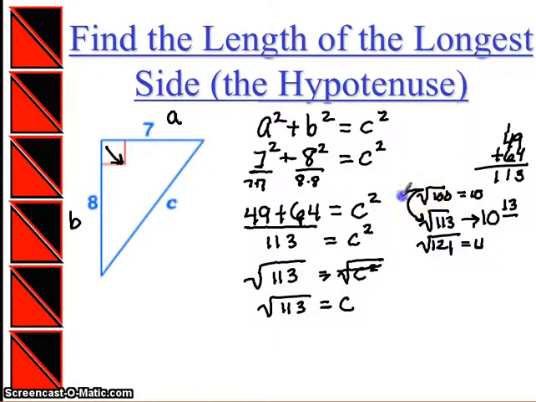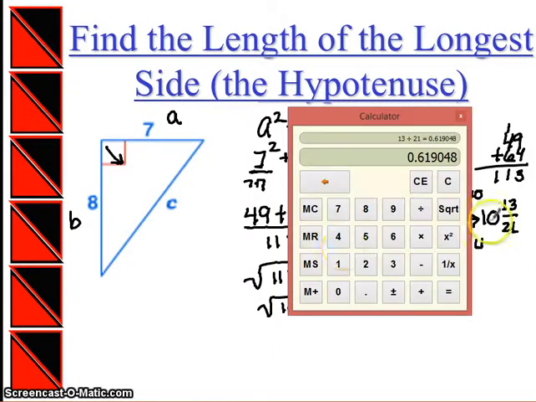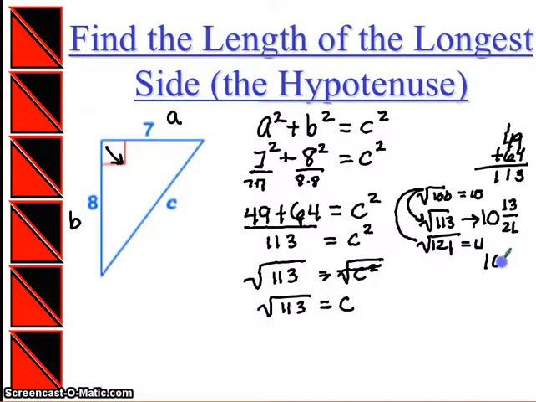The difference between 100 and 121 is 21. For sake of time, I'm going to use the calculator to divide 13 by 21, and I get 0.61. So I know that this is about 10.6. So this missing length of the triangle is equal to 10.6.